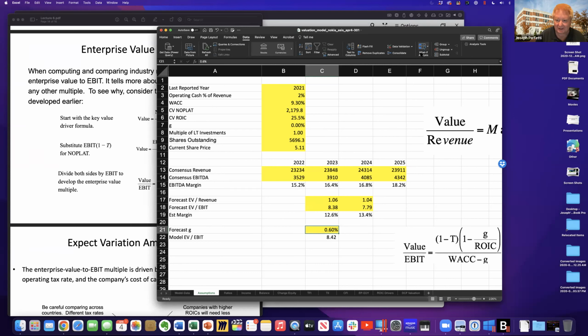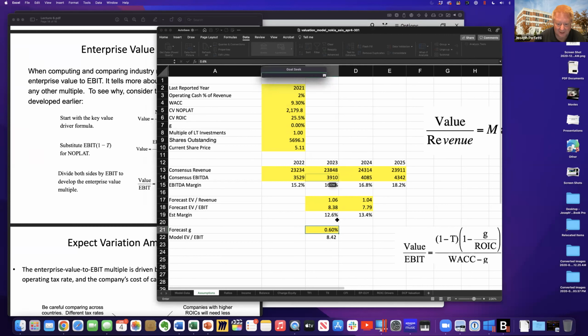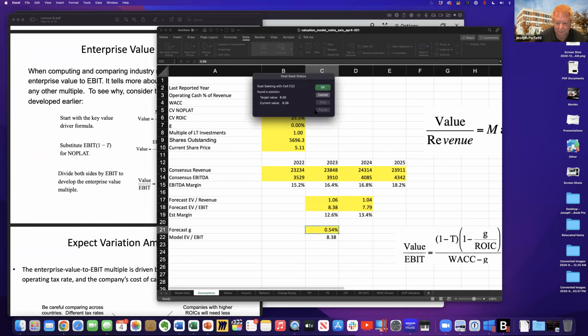But as I said, the other way is to use Goal Seek, to say, what I want to do is set this to be 8.38, so I don't have to keep changing. Set that cell to 8.38 by having Excel do the iteration on C21. And that was the 0.54%.